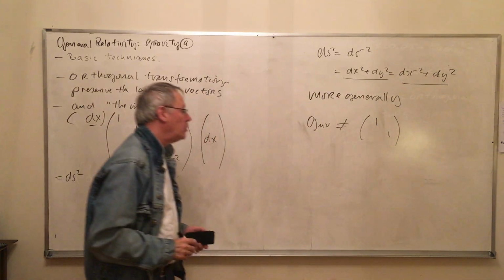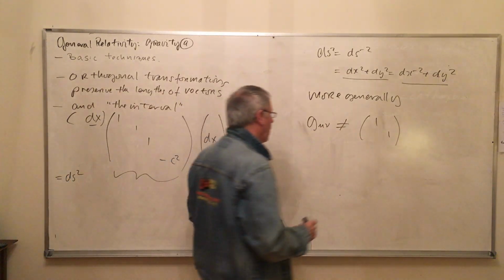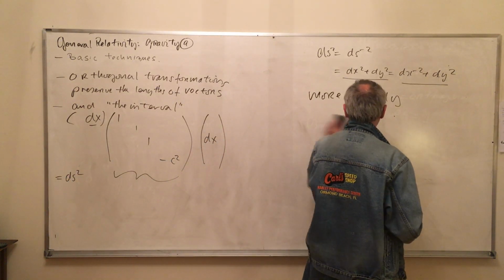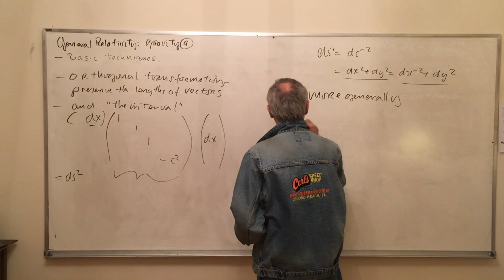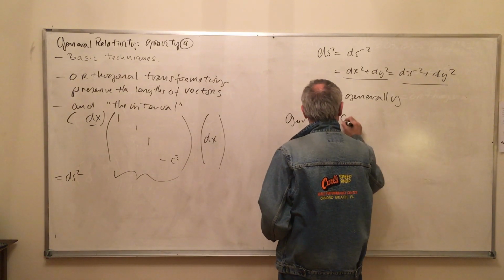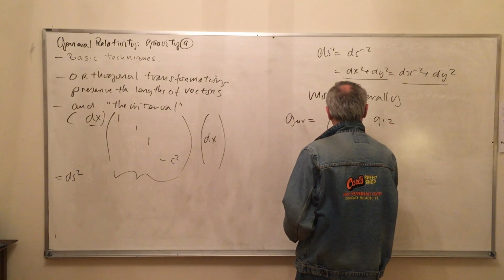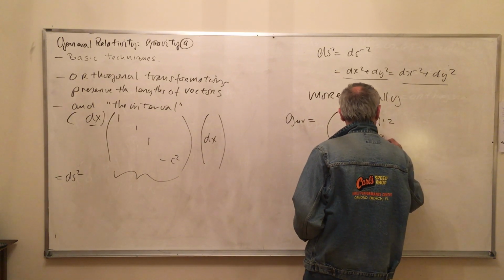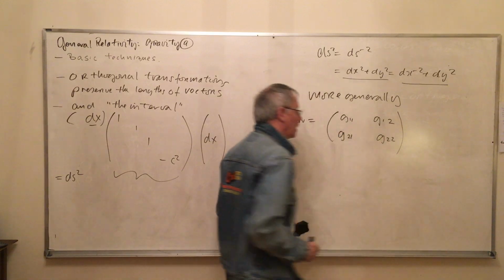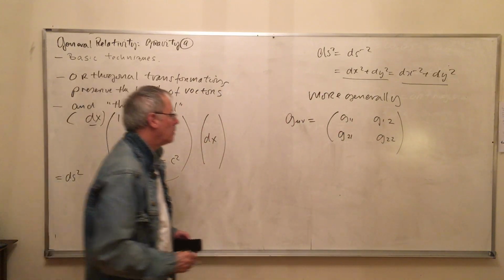Or generally, g mu nu is not just 1, 1. There can be off-diagonal elements as well. That's what it looks like in 2 dimensions.